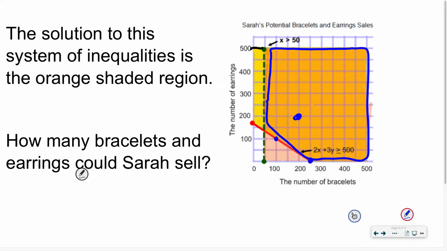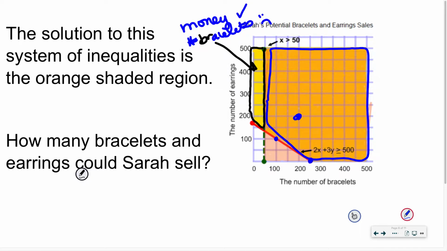Anything in this yellow area, why are these not solutions? What criteria do they meet and what criteria do they not meet? They sell 50 bracelets. Yeah, the money is good. They're selling $500 or more, but the number of bracelets is bad. So this is only a solution for one of the inequalities.